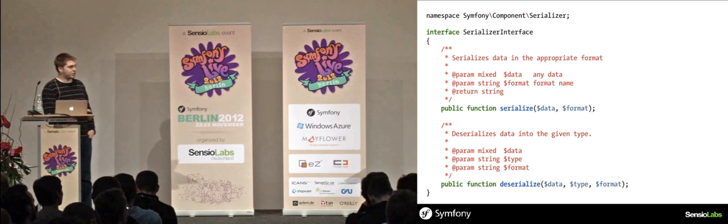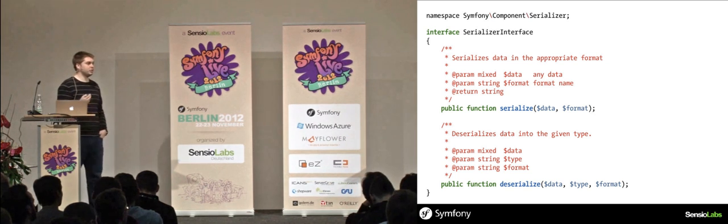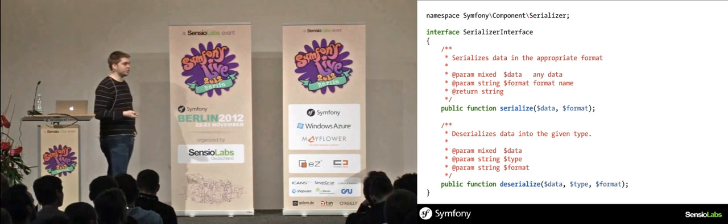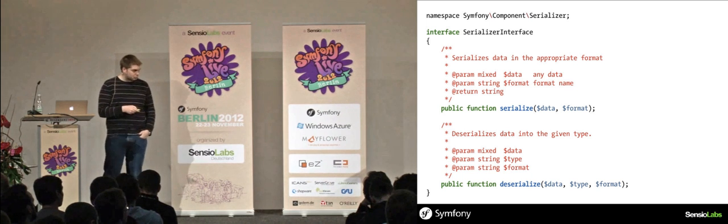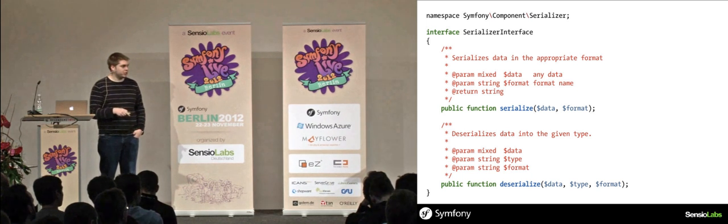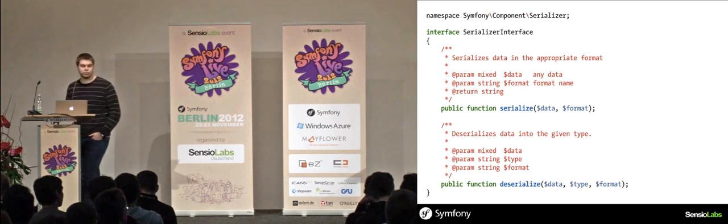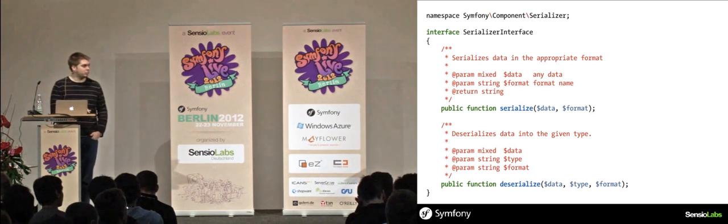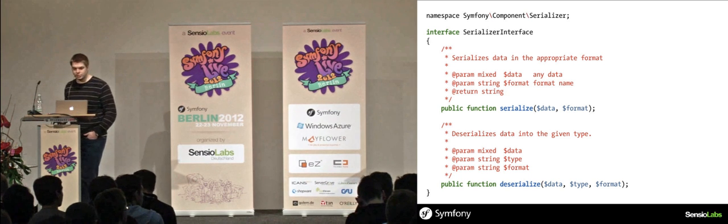And finally the format, the original format of the representation. So, for example, you have the XML string, the fully qualified namespace of the class of the PHP object you want to resurrect, and the XML value to tell it's an XML string.